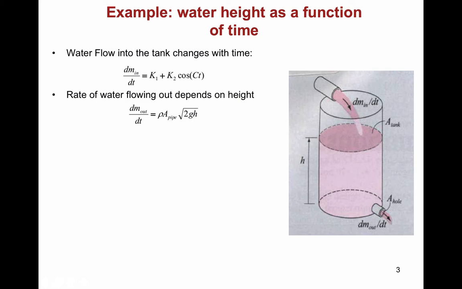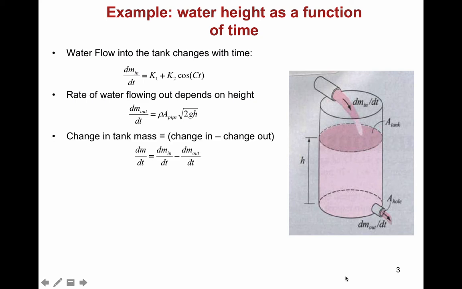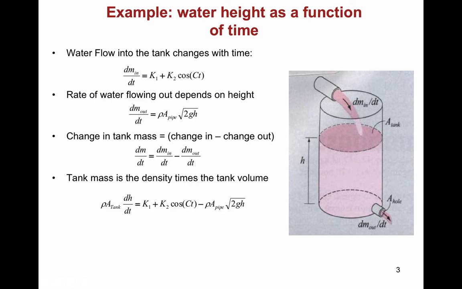So this is my rate of mass flowing out and rate of mass flowing in. I need to balance the two. So the change of mass in the tank is just the difference between what's coming in and what's coming out.